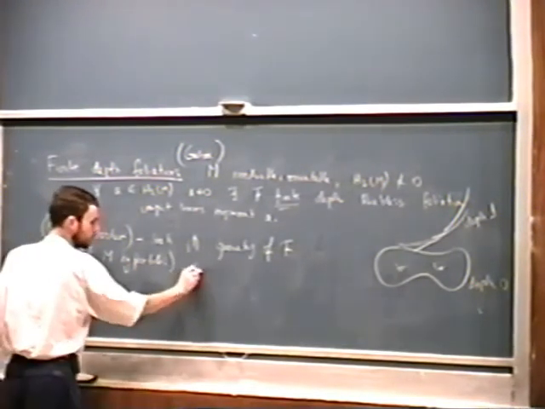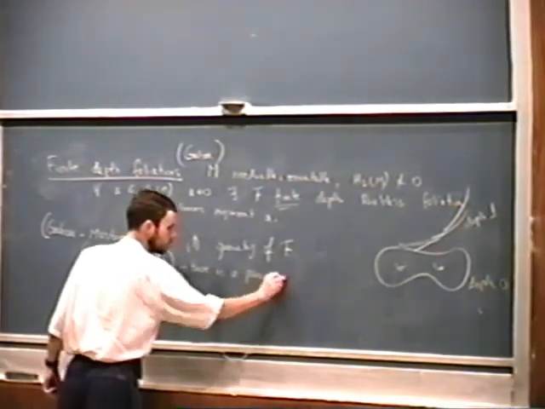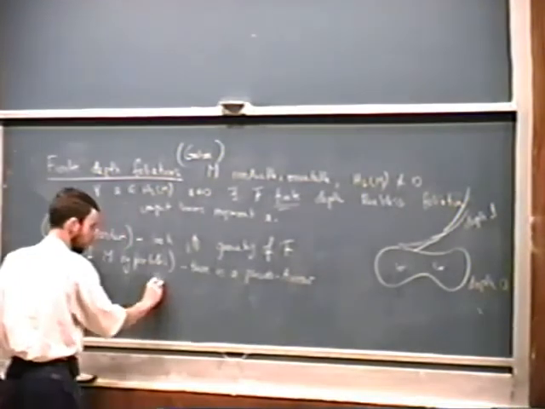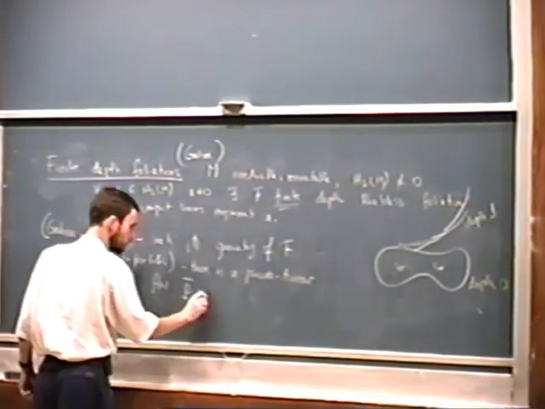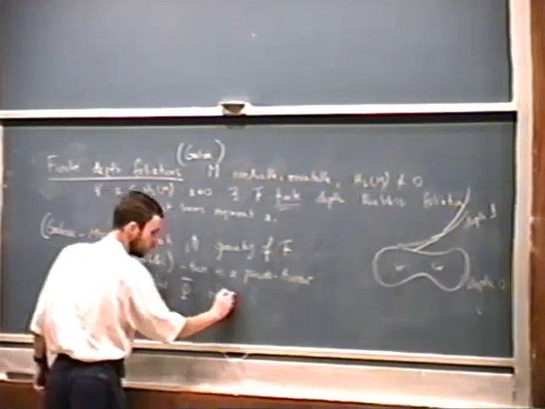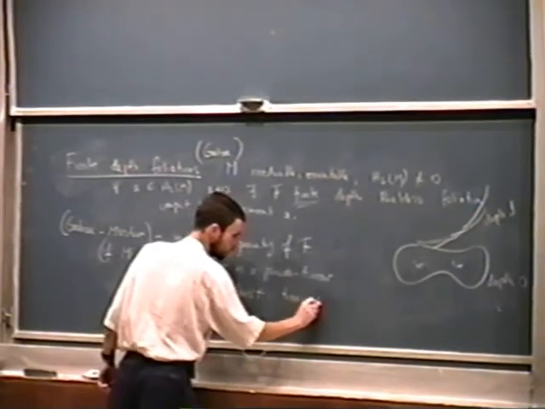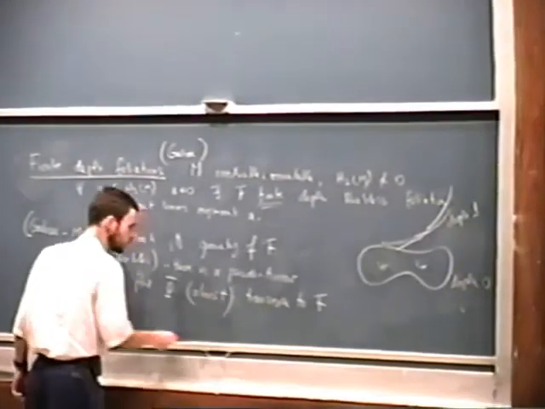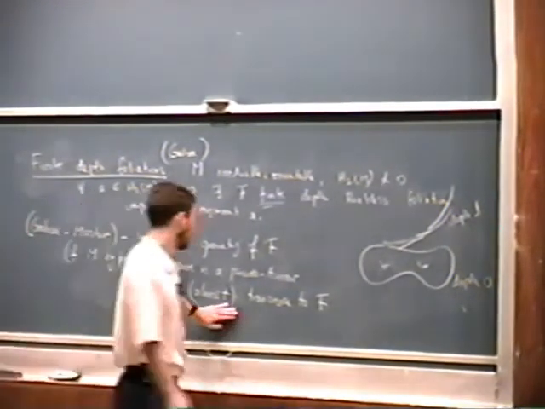Then they prove that there is a pseudo-Anosov flow phi, which is almost transverse to F. So almost, it's a technical condition that I don't want to get into in this talk.